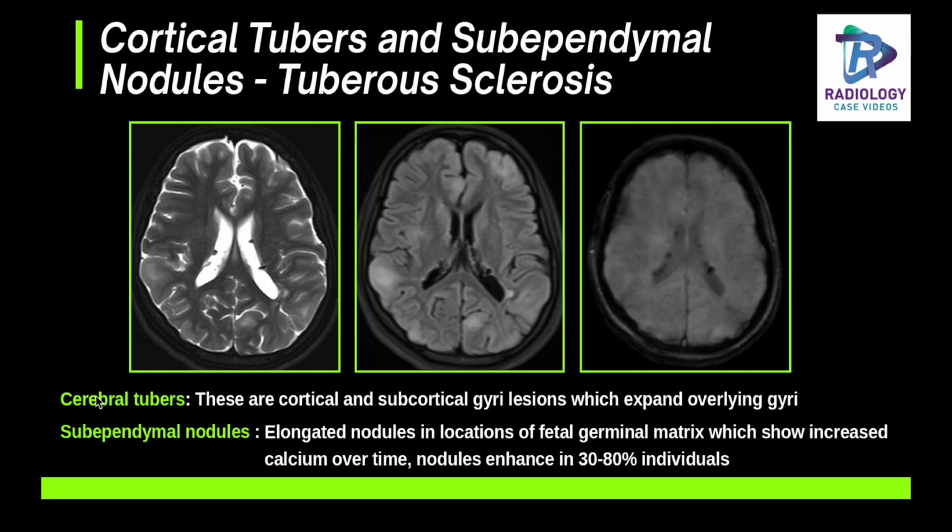These are nothing but cortical tubers. These are cortical and subcortical gyral lesions which expand the overlying gyri. Subependymal nodules are nothing but elongated nodules in locations of fetal germinal matrix which show increased calcium over time. These nodules enhance in 30 to 80% of individuals. You can also appreciate subependymal giant cell astrocytomas in tuberous sclerosis.